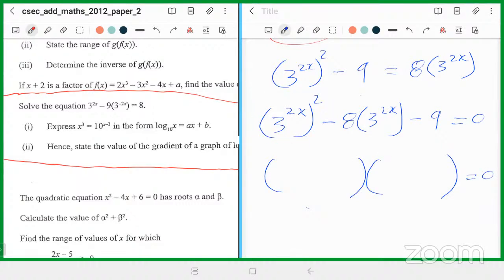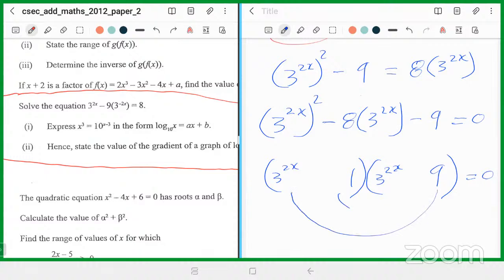Factors of this are 3 to the 2x and 3 to the 2x. Factors of 9, where the difference is 8, are 1 and 9. Signs in the bracket are different. Give the greater one the negative sign.